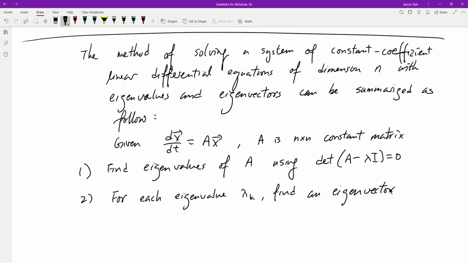Now the eigenvector is actually not unique, so you could have multiple different eigenvectors that will work, but once again it doesn't really matter because of the presence of c1 that you can change that. So you just have to find an eigenvector. It doesn't matter which one it is. So find eigenvector vector u sub k by solving the equation A minus lambda k I times vector u sub k is equal to the 0 vector.